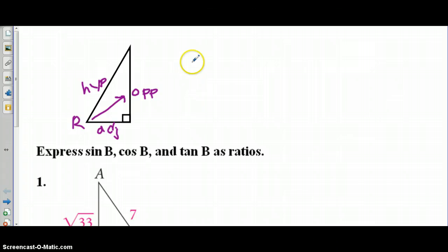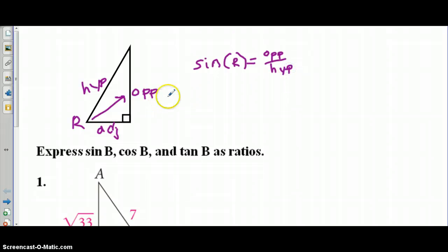When working with right triangle trigonometry, there are three functions. The first function is called the sine function, abbreviated SIN. The sine of our reference angle, angle R, is defined as the ratio between the side opposite angle R divided by the hypotenuse. The second trigonometric function is called the cosine, abbreviated COS.